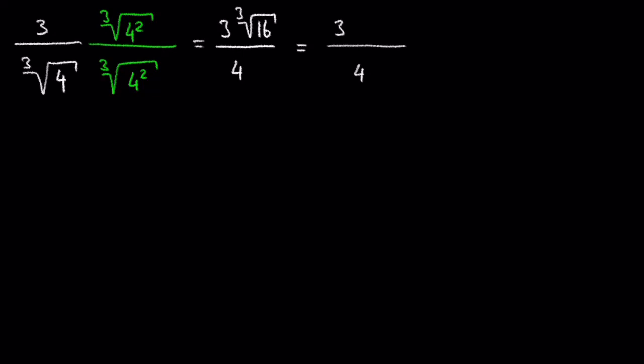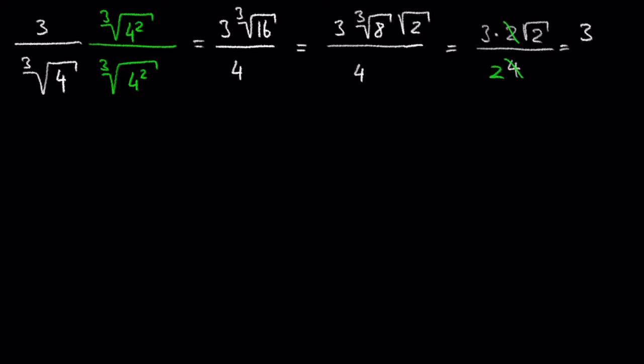The third root of 16 we can write as the third root of 8 times the third root of 2, which is then 2 times the square root of 2. And after cancelling the 2 and 4, we get 3 times the square root of 2 over 2.